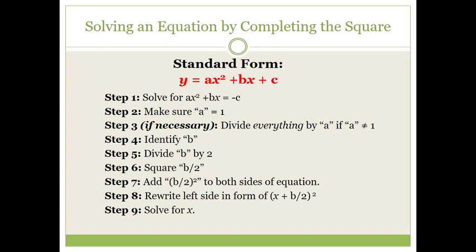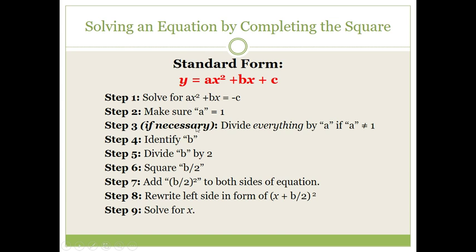So let's go over the steps again for completing the square. The first thing we do is if we have the c term, the constant term, we move that to the other side of the equation by subtracting it, or adding it if it's negative. Then we make sure that the a term is 1.